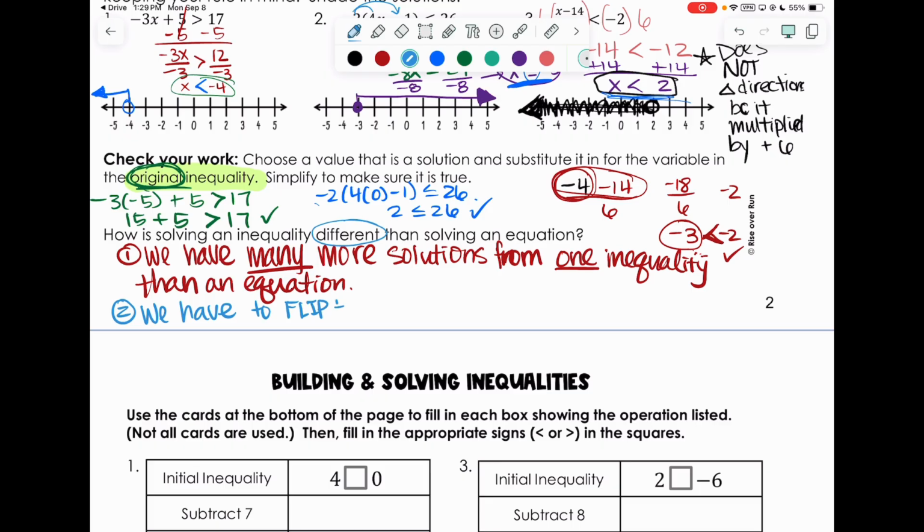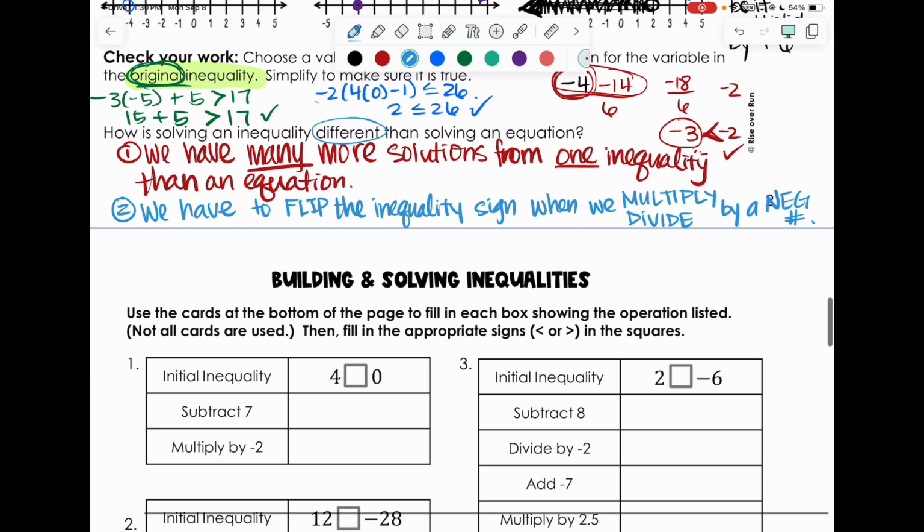We have to flip the inequality sign when we multiply only or divide too? By a negative number. I was trying to squeeze it in, so I ended up writing it on top and bottom.